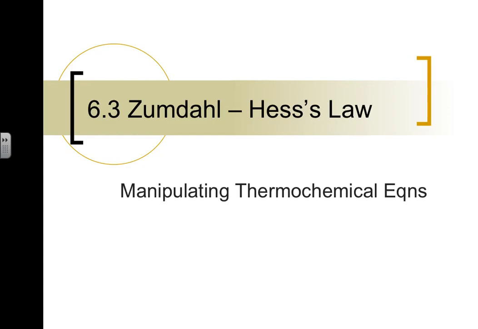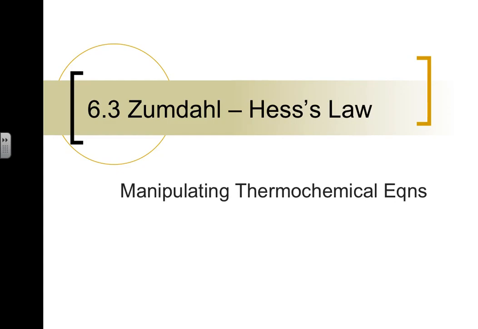Okay, so in the very last presentation that we did, at the very end, we covered manipulation of thermochemical equations. Do you remember the two rules? There was a rule that if we multiply or divide a reaction by a factor, we have to do the same thing to the delta H also. So if we multiply the whole reaction by 2, then we have to multiply that enthalpy value by 2 also.